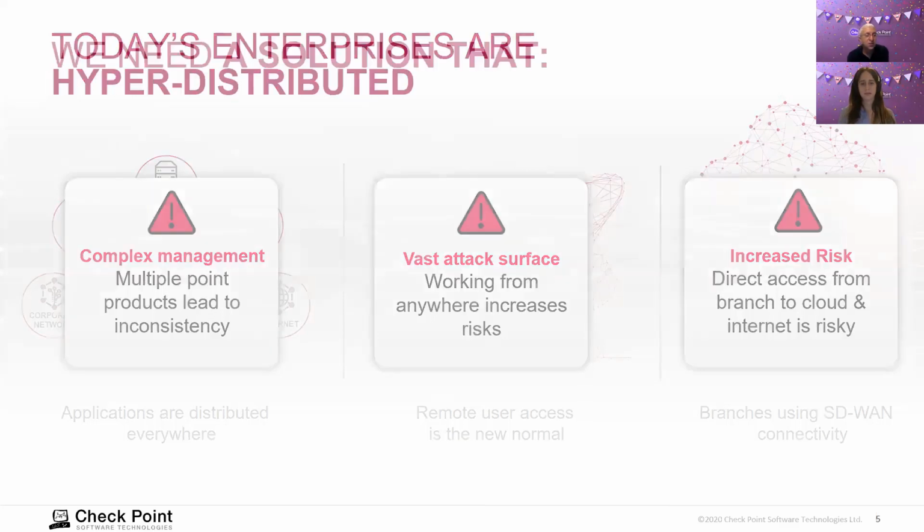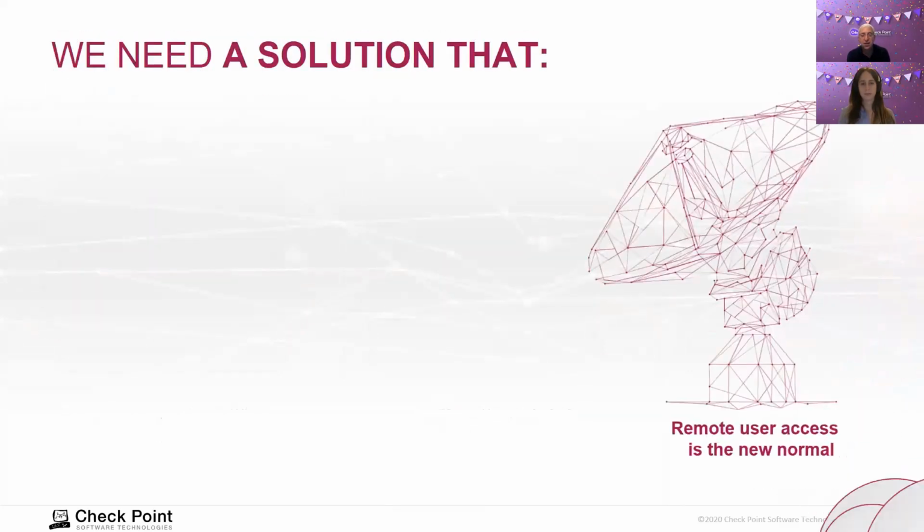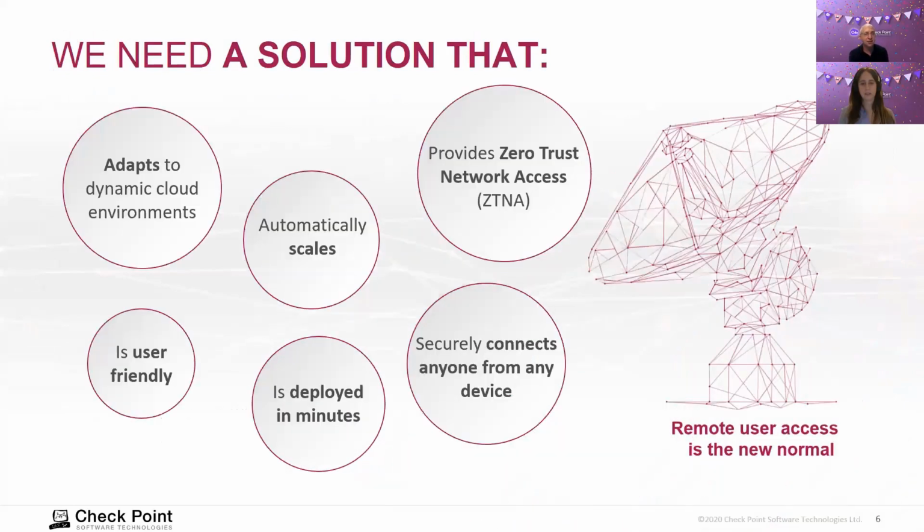We're going to focus today on the center pillar over there, the remote access part of the story. And when we look at this big change that has been accelerated by COVID-19, but is here to stay, we need to really rethink remote access. We need to look for solutions that will adapt to cloud environments, to applications that reside in cloud environments, to cloud environments that move from place to place very quickly.